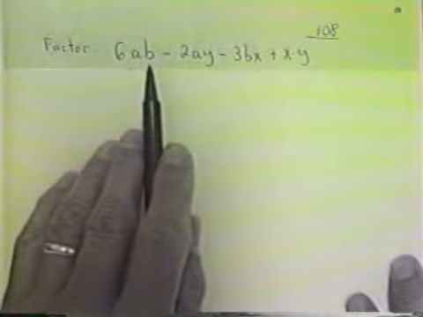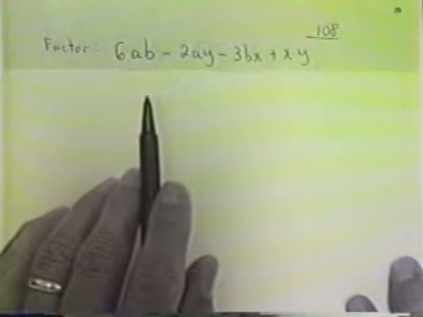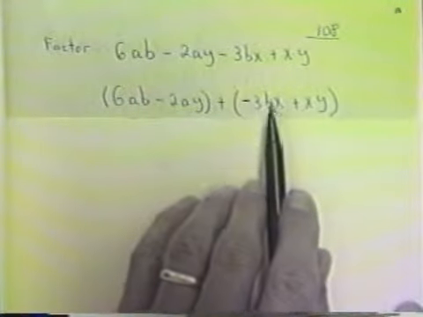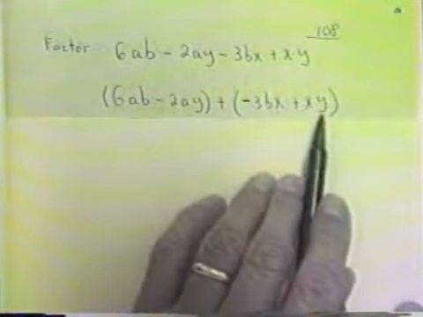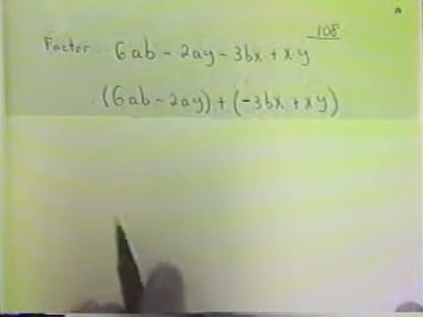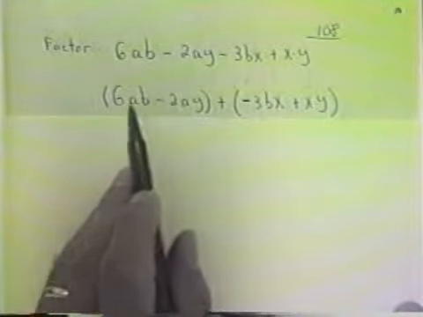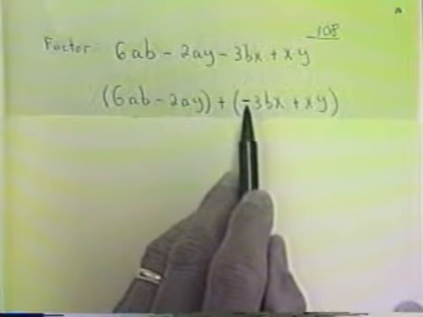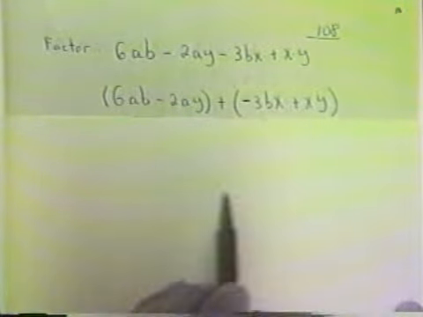I'm going to group the 6ab and the negative 2ay together, and I'm going to group the negative 3bx and the xy together. Here I have a common factor of 2a. Here I have a common factor of negative x.